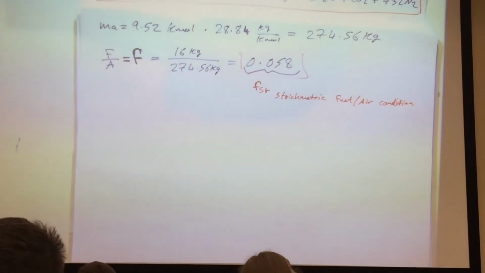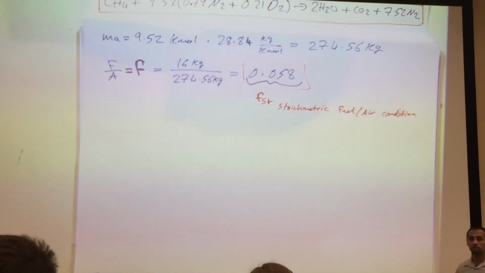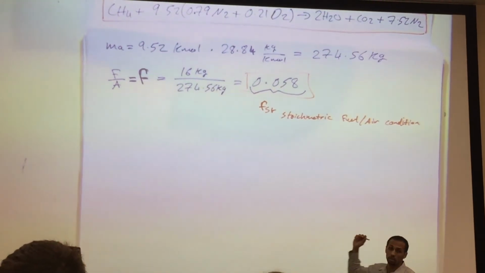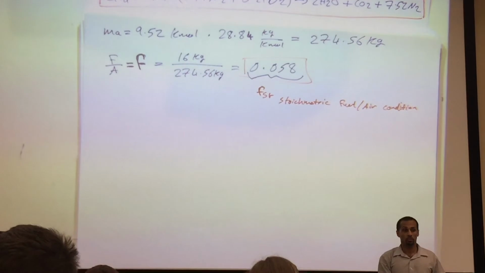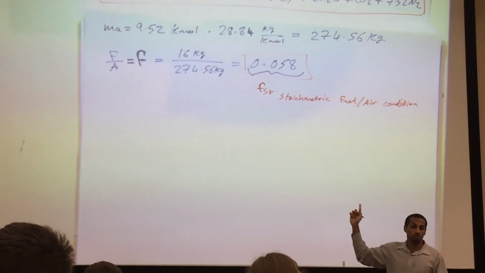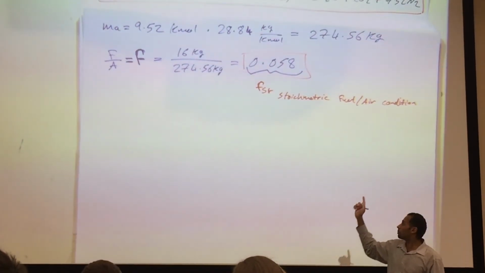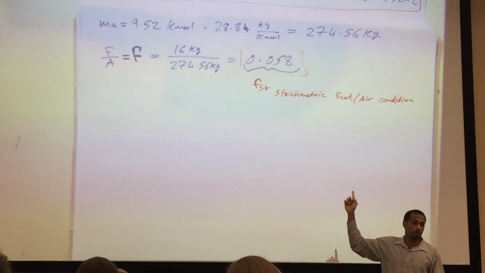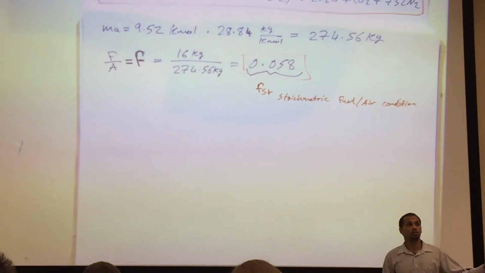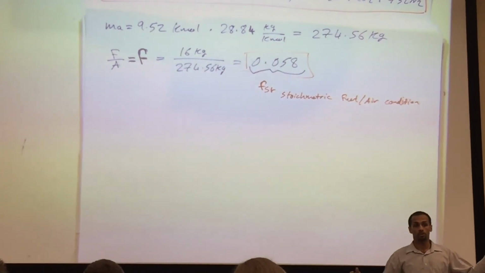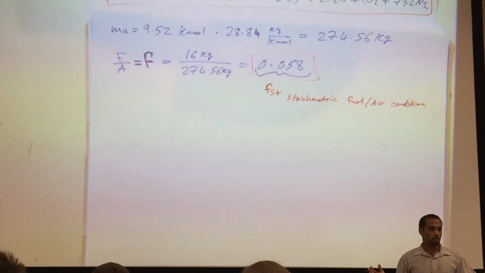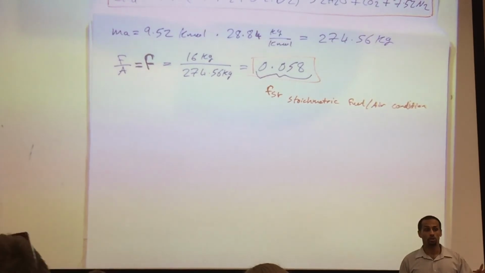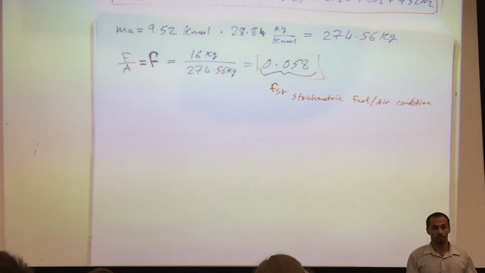Now, here's a quick hint, trick, whatever you want to call it. That value, for whatever fuel you're working with, is not going to vary much. So that 0.058 is going to be anywhere from like 0.065 to 0.045. If you get a weird number out of that range, you know you've done something wrong.